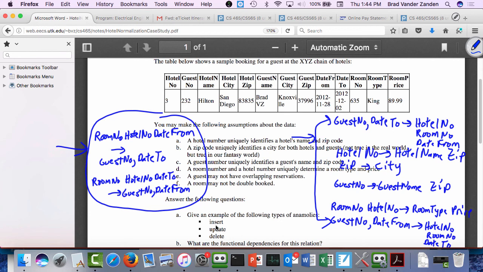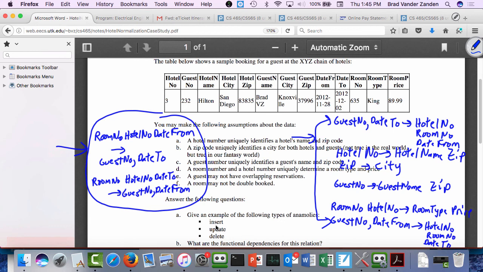Okay, so can someone tell me one possible primary key for a reservation? You can look at the functional dependencies. A couple of the functional dependencies are giving it away. Hotel number by itself is not going to uniquely determine a reservation, but it will be part of one of the primary keys. What else do you need to have in addition to a hotel number to uniquely identify a reservation?